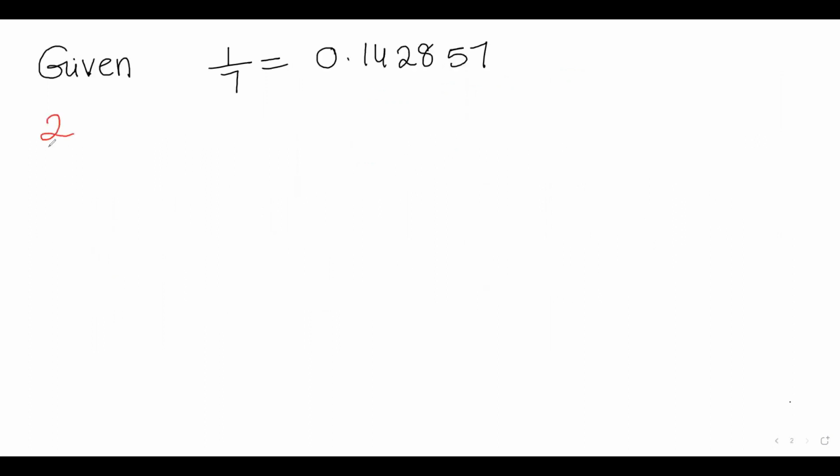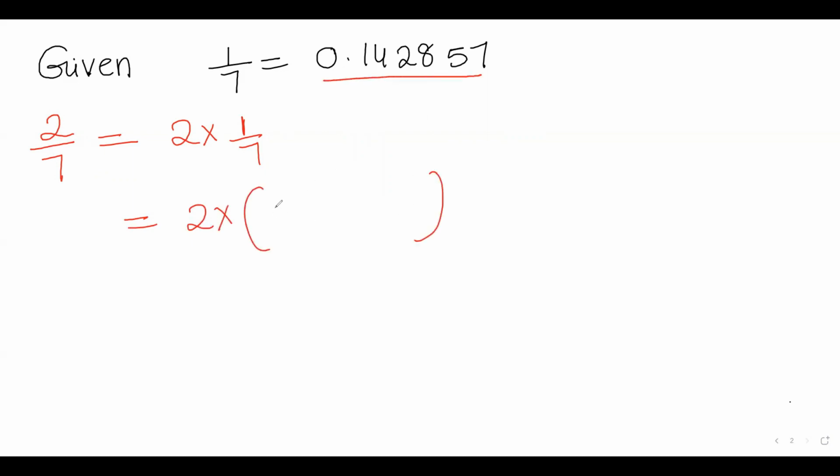To find 2 by 7, I can write 2 by 7 as 2 into 1 by 7. The 2 into 1 by 7 value, we already have, 0.142857. Multiply and get your answer. Got it? Just multiply and get your answer.